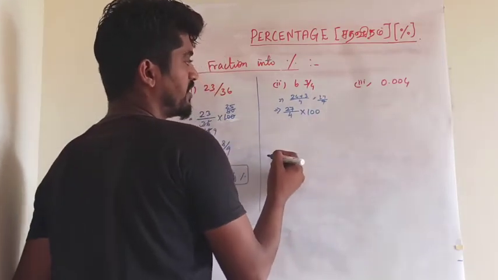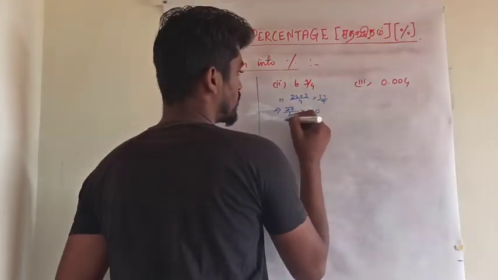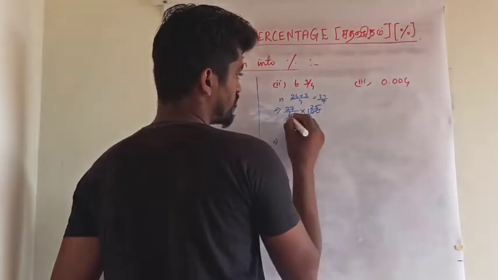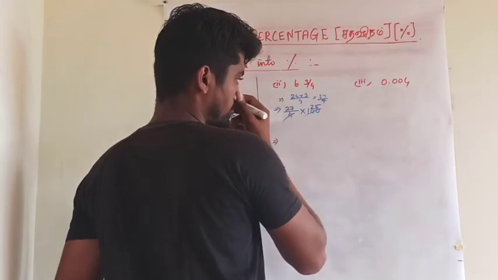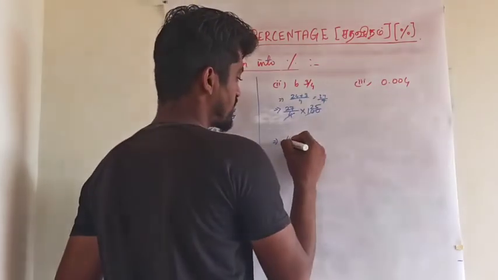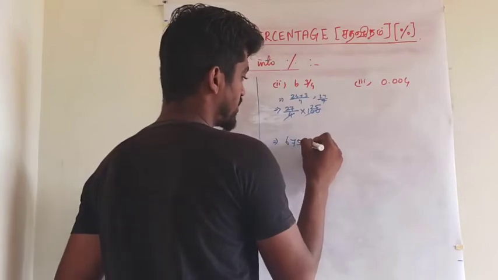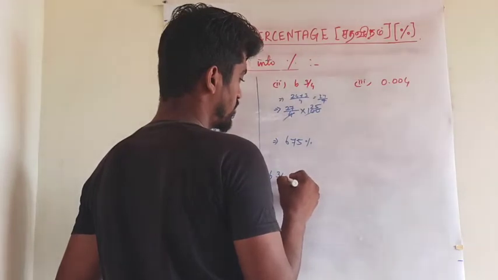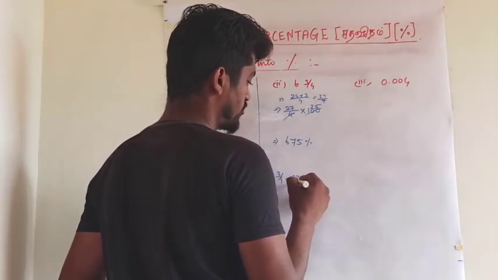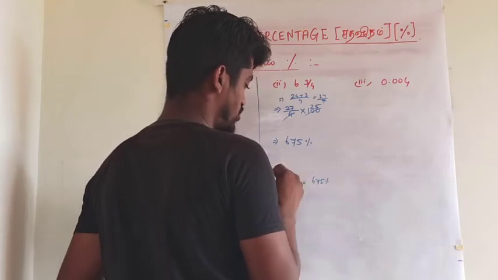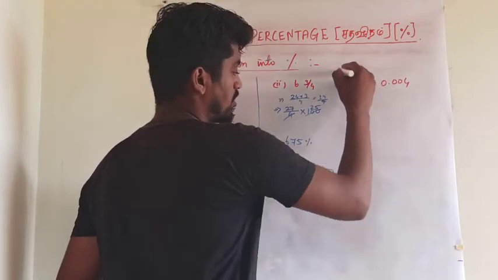We have to multiply by 100. One four is 4, and 25 times 4 is 100. The percentage is 675 percent. So 6 3 by 4, which is 27 by 4, has the value 675 percent.